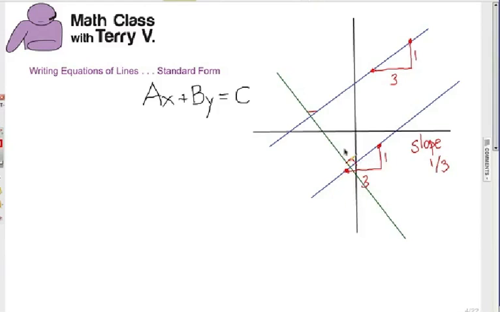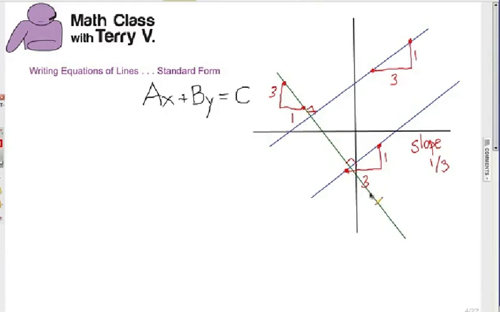Now if the blue lines have a slope of 1/3, what does the perpendicular line have? If we choose any 2 points on that line, because it is perpendicular to the blue lines, we flip the 1 and the 3 around. It's going to be 3 up and 1 across.